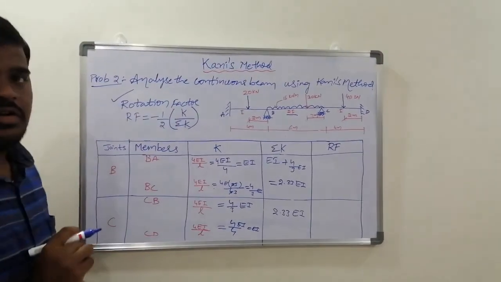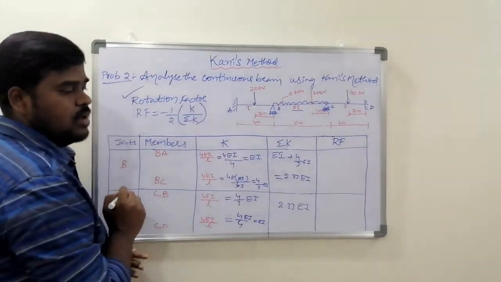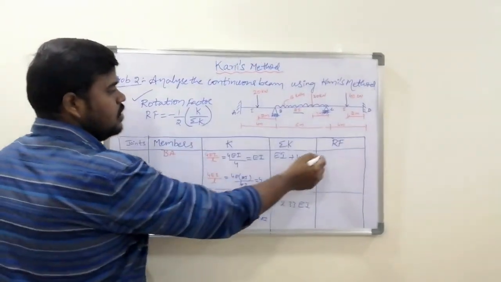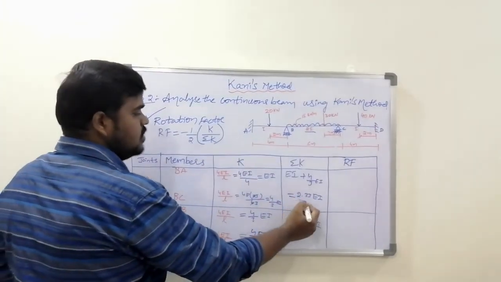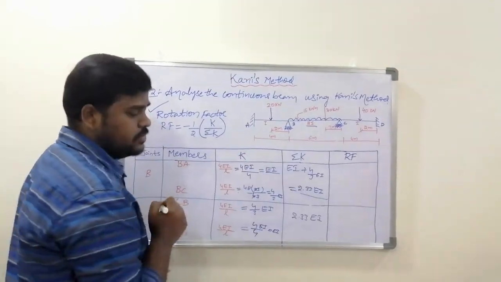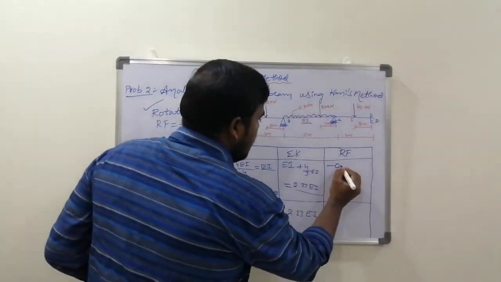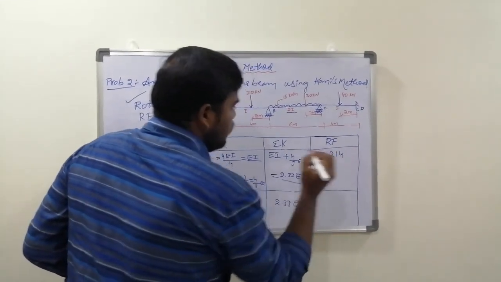So what is RF? RF is nothing but the rotation factor, and that is minus 1 by 2 of K by sigma K. So if you solve this with these values, sigma K as 2.33 and K value as EI, we get minus 0.214.